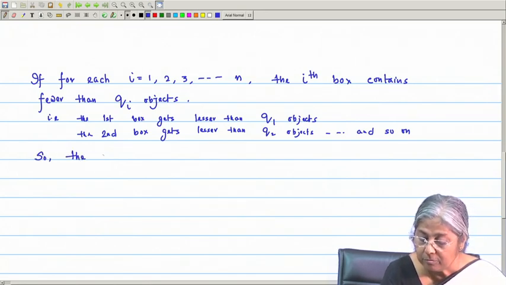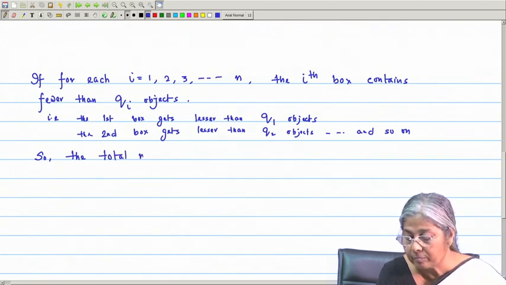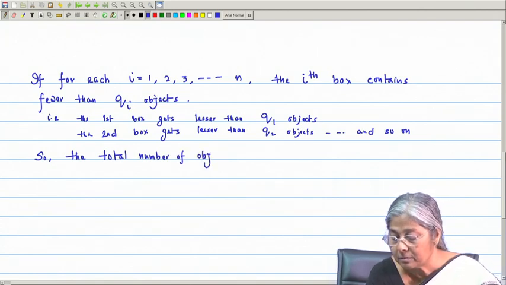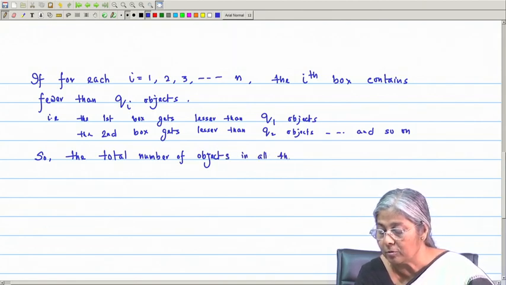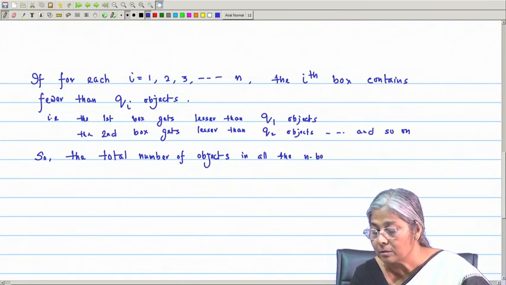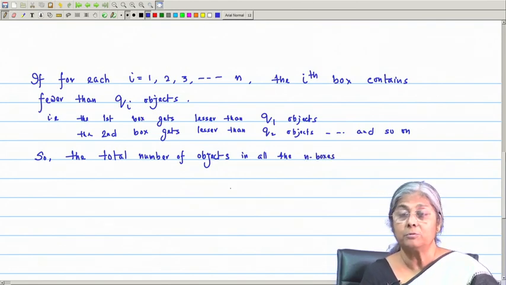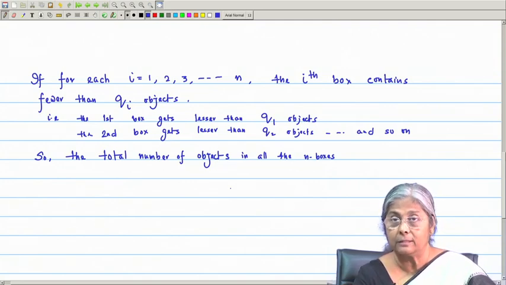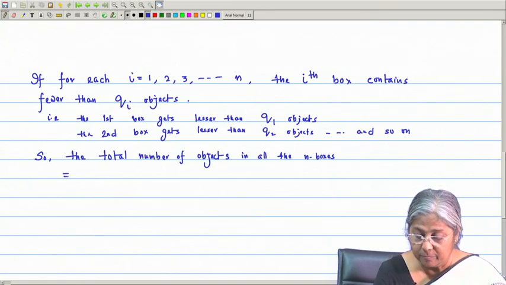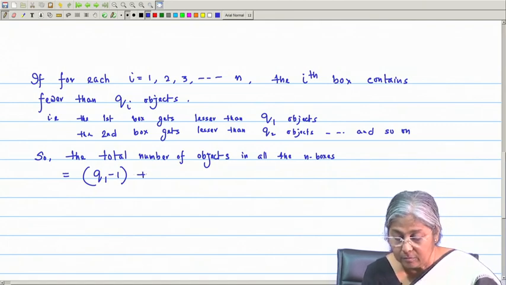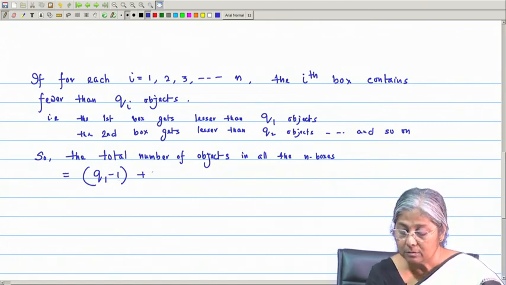The total number of objects in all the n boxes, such that every box gets fewer objects, is equal to at most q1 minus 1, at least one less than q1.